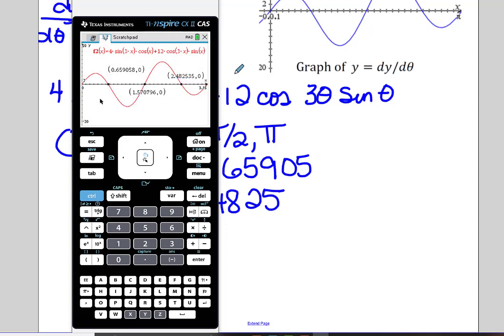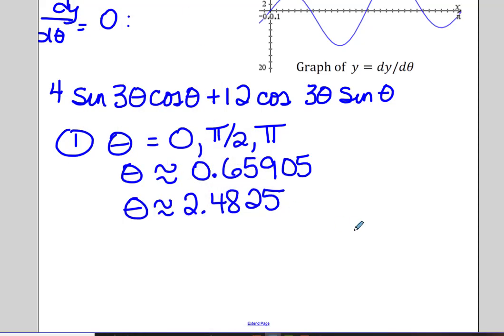And then this one would be at pi over 2. We changed from negative to positive, and then again from positive to negative. So this would be a maximum here at 0.659, and this would be a maximum here at 2.4825. So that's what I'm showing you here on my information.